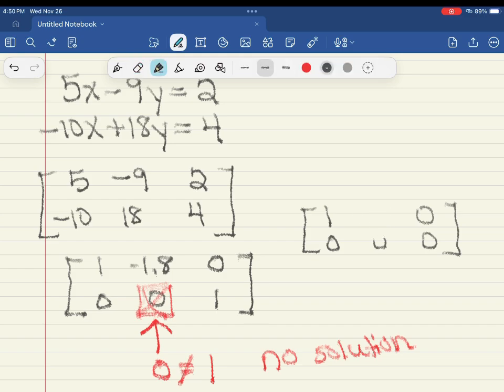Okay, so let's think about what this solution says. You see how your Y column is zeros? The X column is 1, and X is equal to 0. Okay, that's okay. They're saying Y is equal to 0. So that's 0, 0.